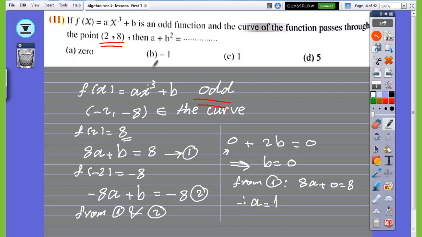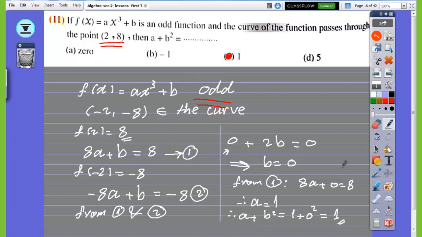The required here is the value of (a plus b) squared. So (a plus b) squared equals (1 plus 0) squared, as b equals 0 and a equals 1, so the result equals 1. And the solution will be letter C.